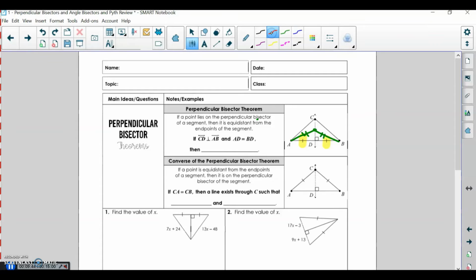So if we put a different point up here, called red, as long as it's on that perpendicular bisector, and we connect it to A and to B, then they would be congruent to each other. It wouldn't matter where you put it.